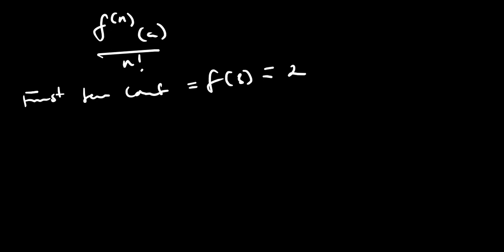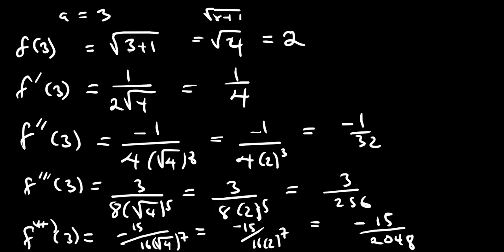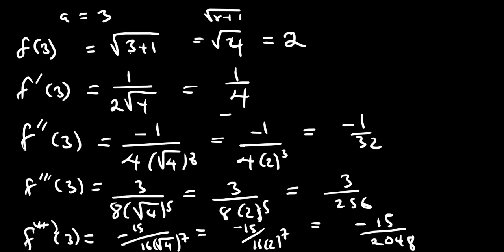Then the second term is the one involving x minus a, and our a is 3, so it will be x minus 3. It's given by f prime of 3 over 1 factorial, because the power there is 1. I already found this f prime of 3. As you can see on the previous page, it's 1 over 4.